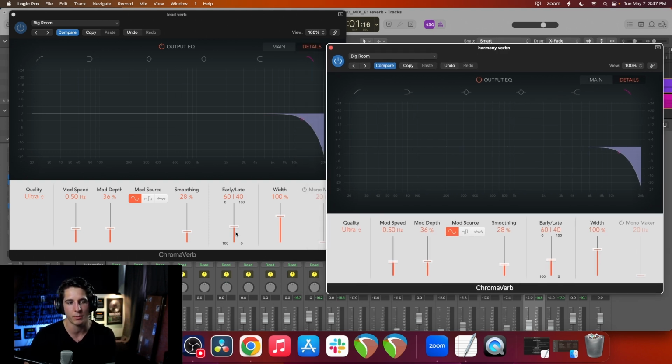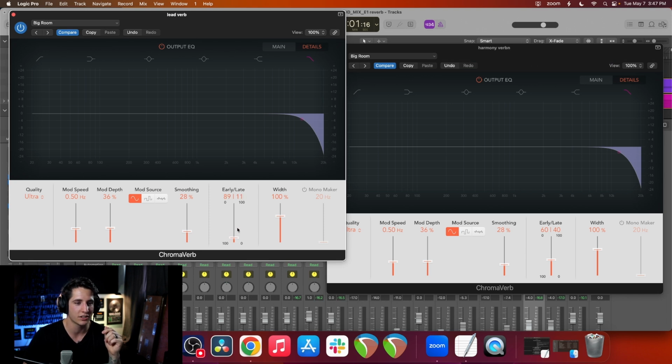As we talked about earlier, the distance is impacted by not only the overall volume of both the early and late reflections, but the balance between them. Something that is closer to us is going to have a greater disparity between the early and late reflections, meaning the early reflections are going to be louder than the late reflections when it comes to reverb.